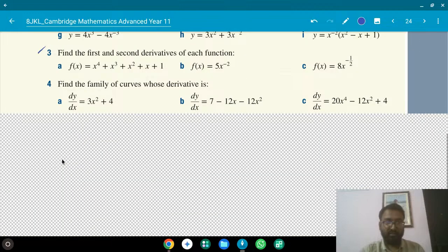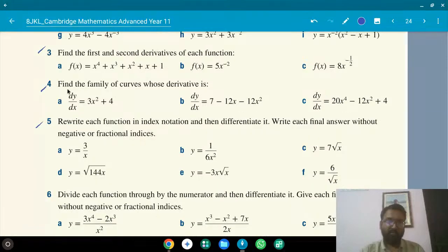And for the derivatives, you have to find the families. Here you have to do a reverse differentiation. Okay, whose derivative is this? I can say x cube plus 4x. Its derivative is this. If you take y is equals to x cube plus 4x, it is 3x square plus 4 is the derivative. He is asking in the fourth question reverse functions, and here first derivative, second derivative.